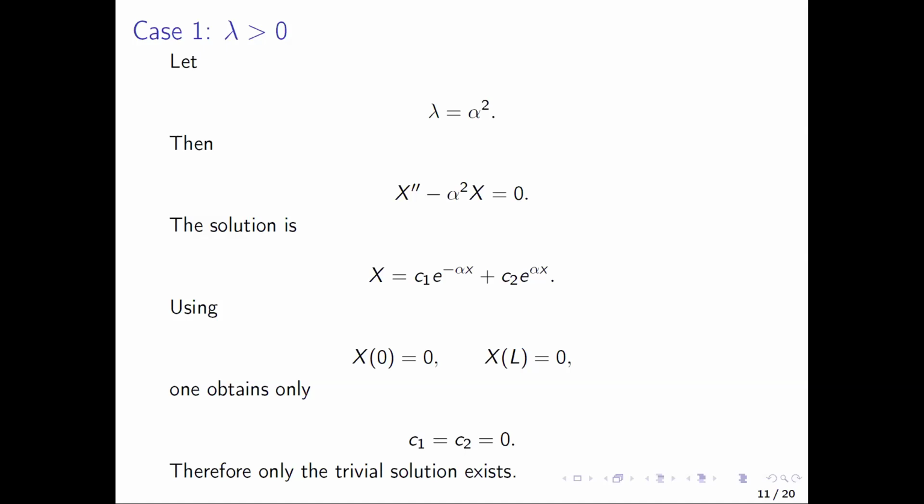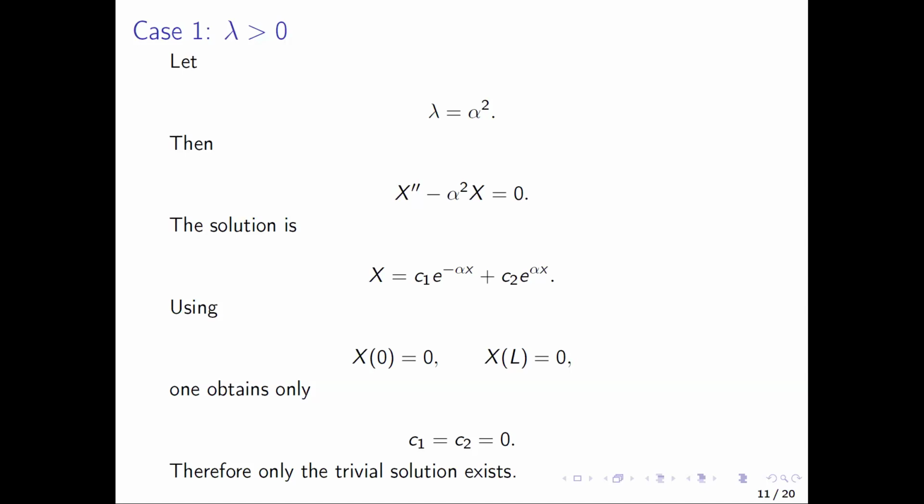As you see, because you have it like that, your characteristic equation will be like that, and your r will be positive and negative alpha, which leads you to the following solution: C1 times e to the minus alpha x plus C2 times e to the alpha x. We already know that x(0) is 0 and x(L) is 0. How do we get that? By using the conditions that are given in the problem.